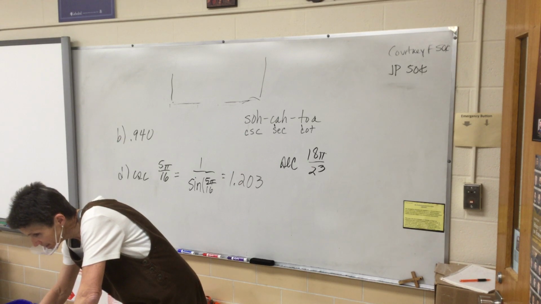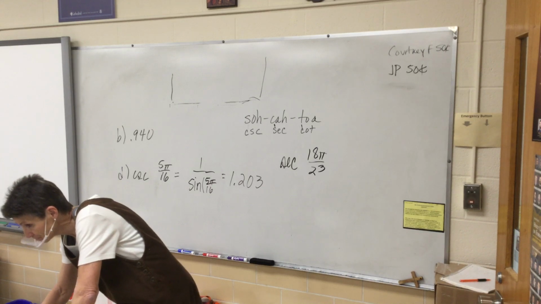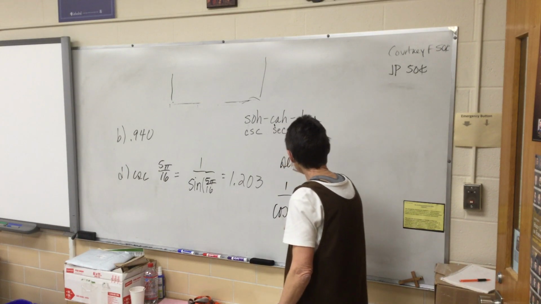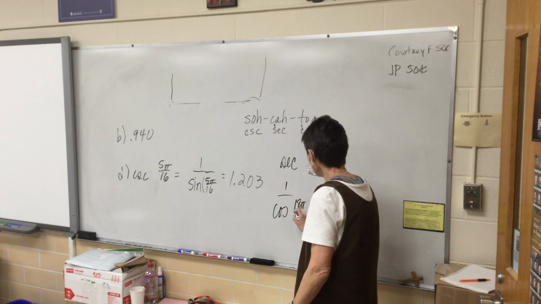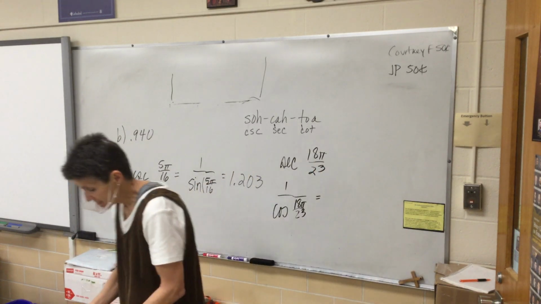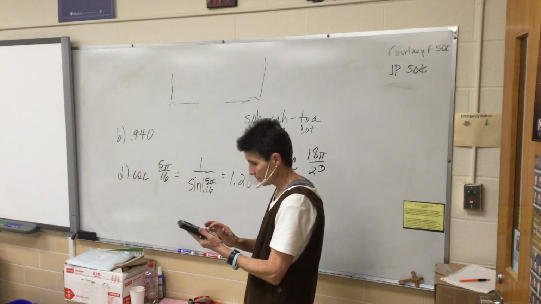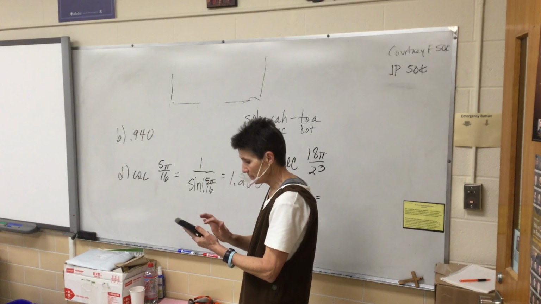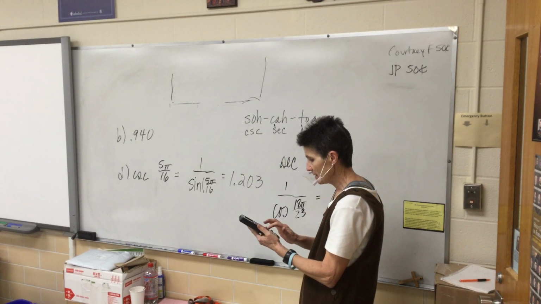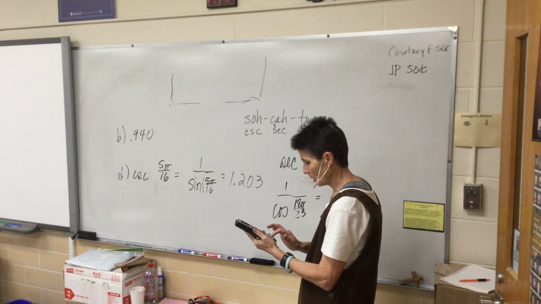Okay, so what am I going to type? 1 divided by sin. 1 divided by what? Cosine. Yeah, it's got to be 1 divided by cosine, 18 pi over 23. So physically type 1 divided by cosine, 18 pi divided by 23.